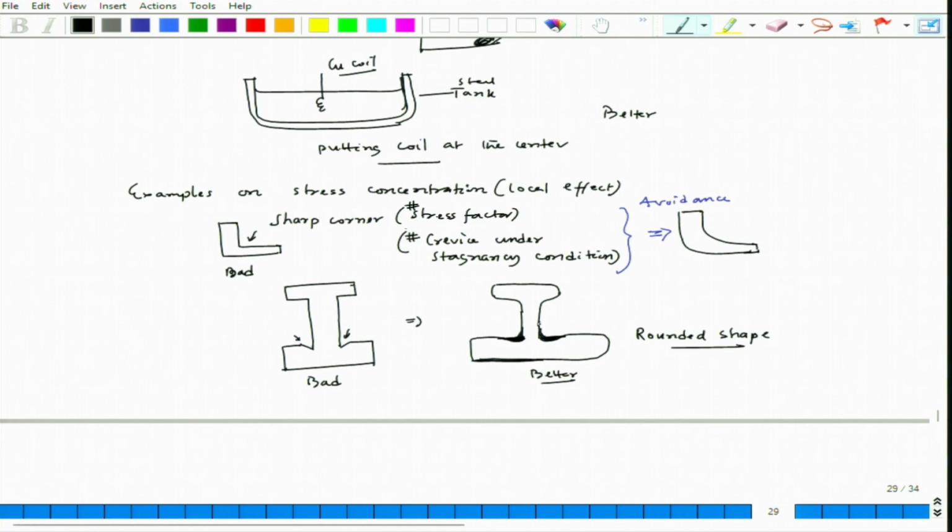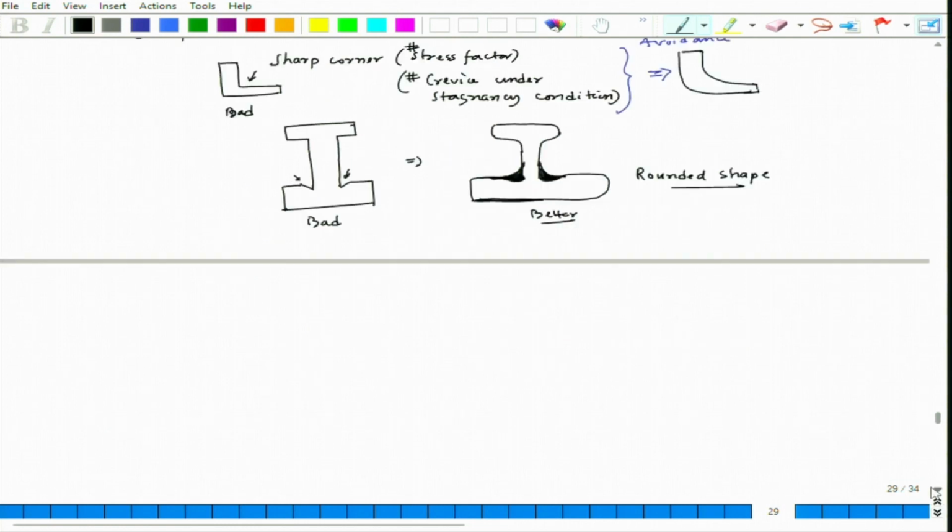That should have a good amount of drainage facility, or we should provide a good radius there. So, here it is better to have this covering, as well as not allow any water accumulation there. So, this is one possible design modification.